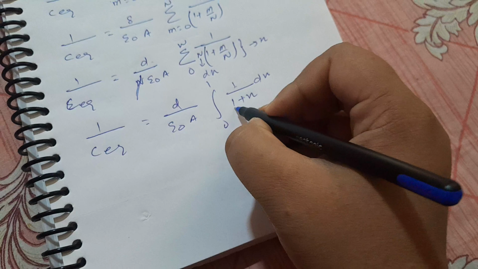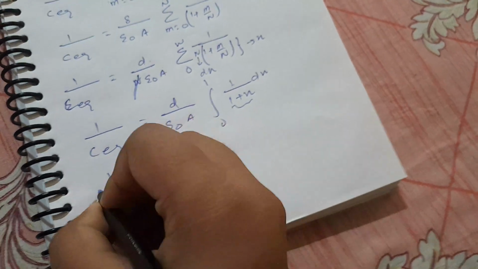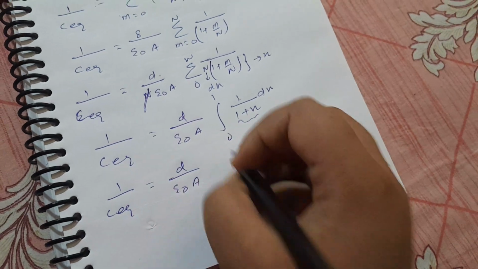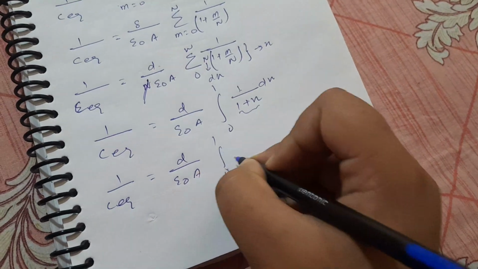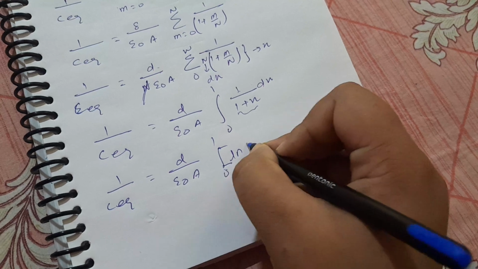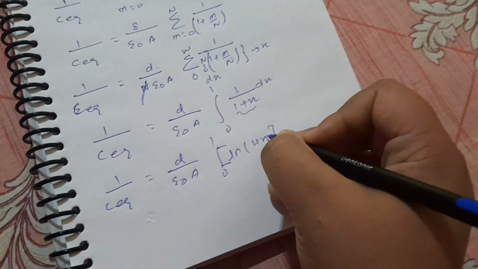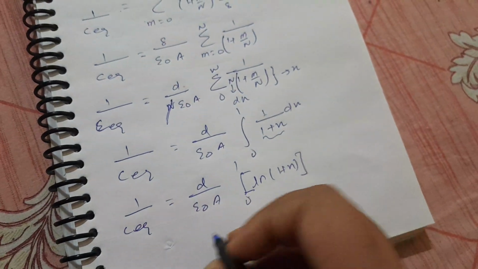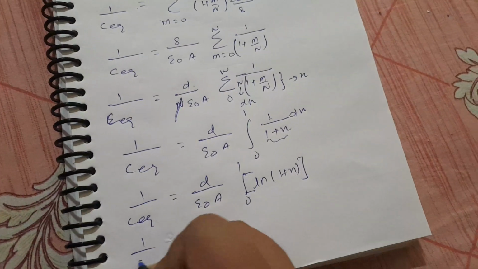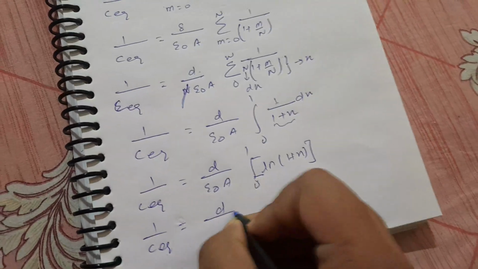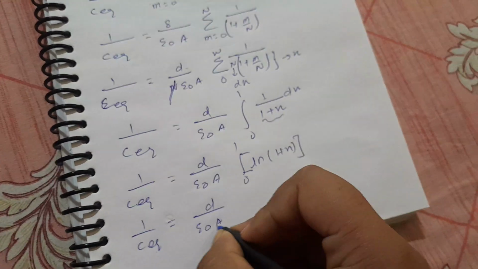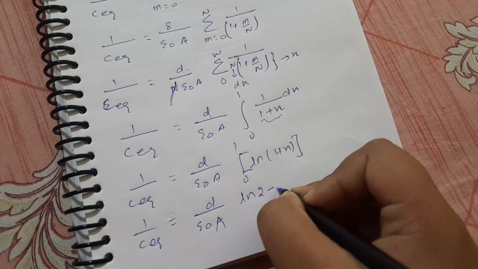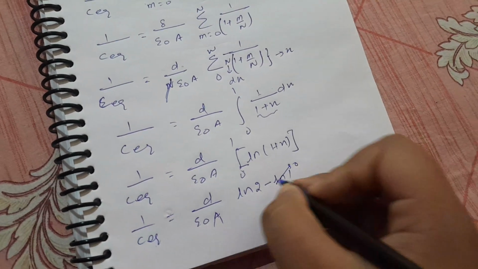We know that the integration of this is ln (1 plus X). Now we put the limits: we got ln 2 minus ln 1, which becomes 0 eventually.